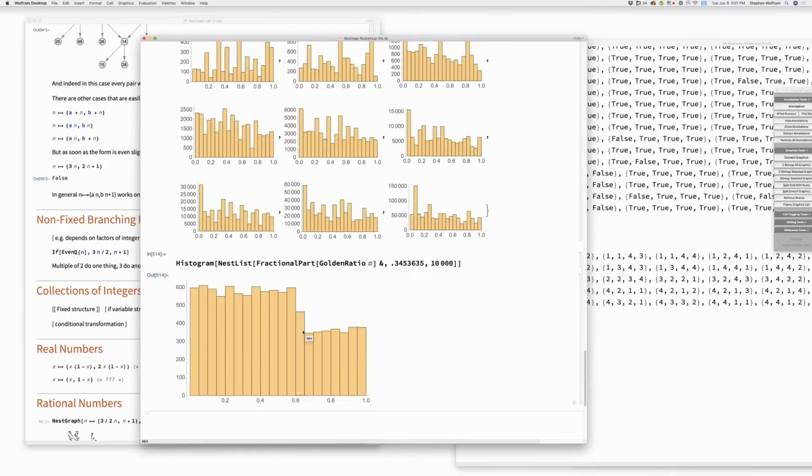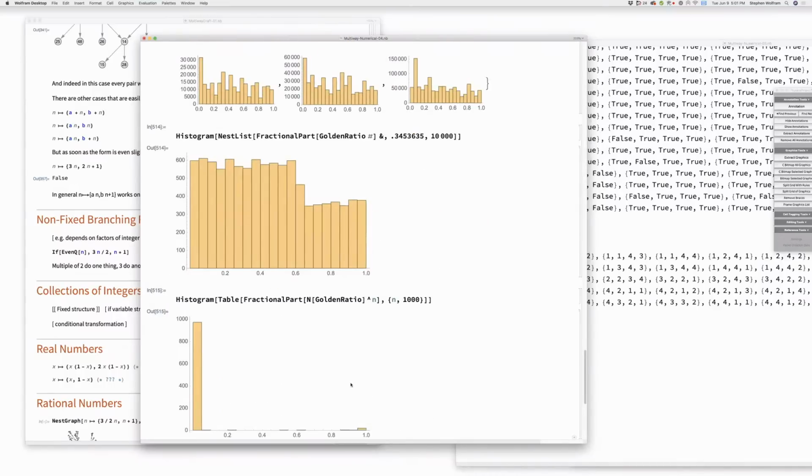What is the case, if I were to take this histogram of the fractional part table, fractional part of golden ratio, and I'm going to do this carefully because I don't want to mess this up, because it will go crazy if I do the wrong thing here. N of golden ratio to the power n, so to speak, numerical value of golden ratio to the power n, table that up to 1,000. I predict this is going to be nice and uniform.